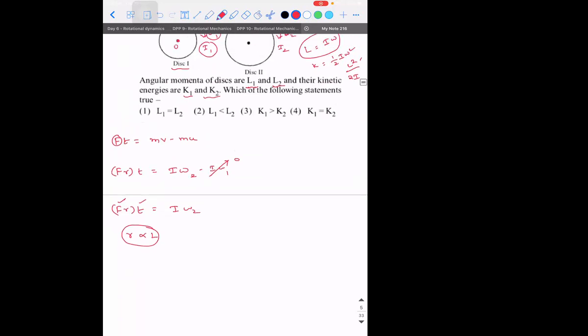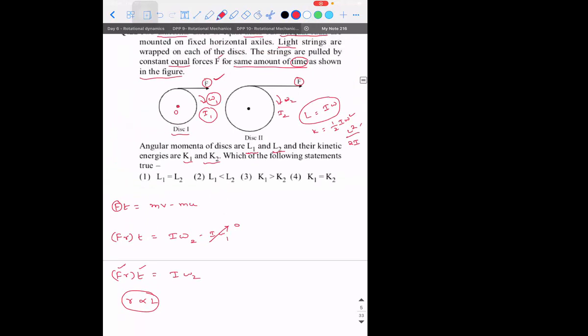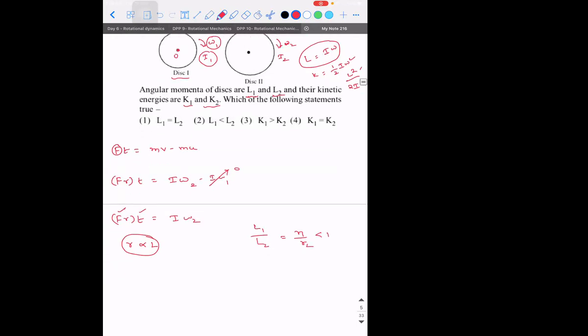So when L is directly proportional to R, can I write L1 by L2 is equal to R1 by R2? When that is the case, which disk is having more radius here? Second one. So R1 by R2 will be less than 1, which implies L1 is less than L2.